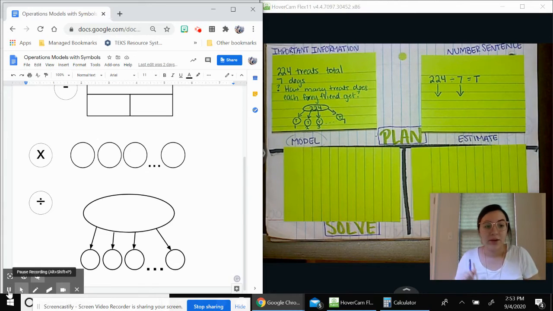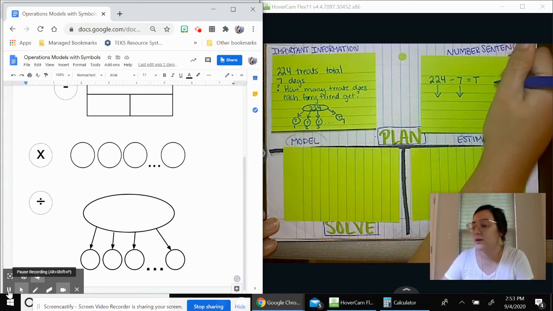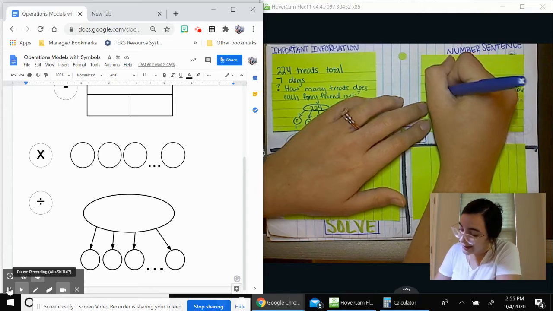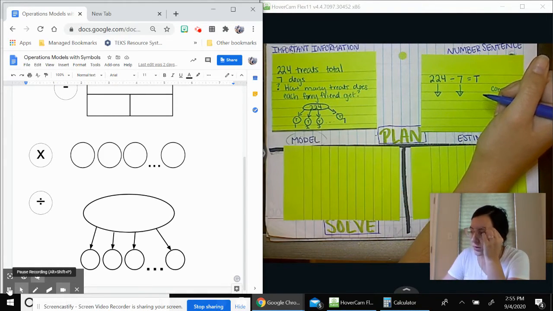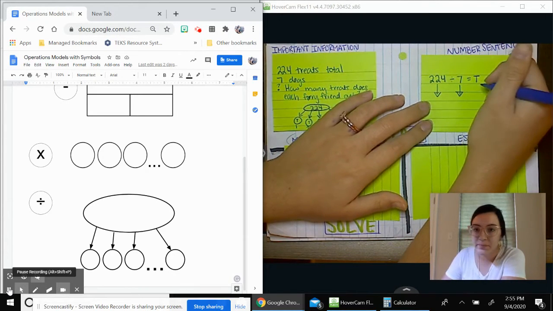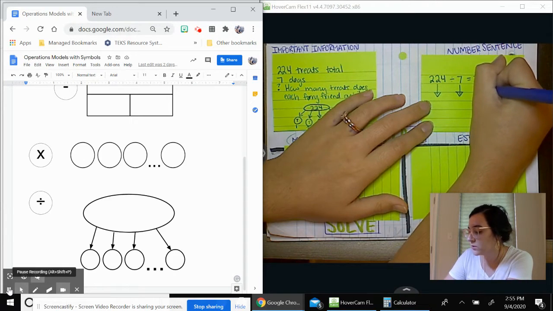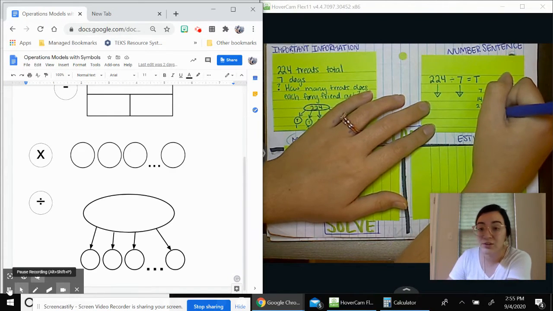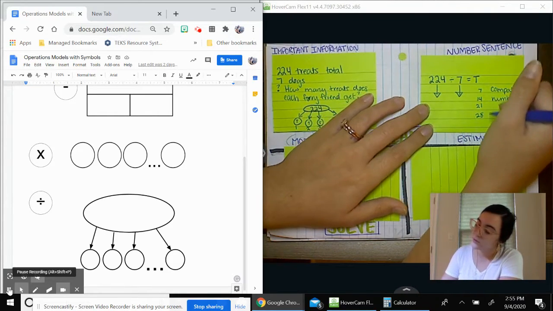If I'm going to estimate, I want to find compatible numbers because, again, estimating is to make things easier. So to find a compatible number for dividing by 7, I'm going to write a couple multiples of 7. So 7, 14, 21, 28, and I could use my multiplication chart if I wanted to, but my 7s I know pretty well.